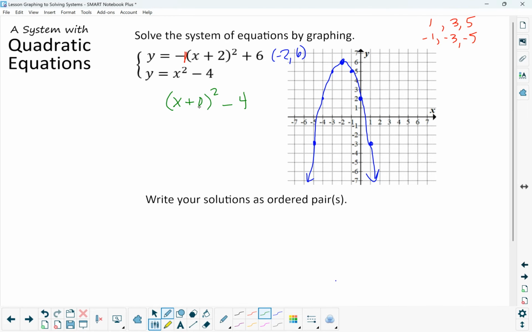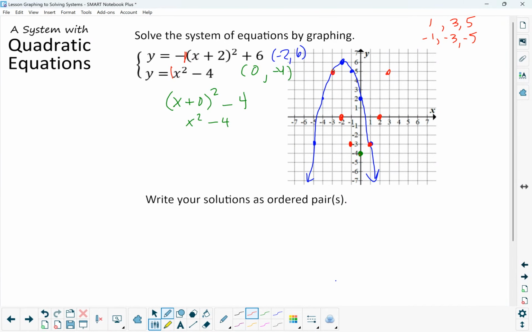But when we aren't adding or subtracting a number from the x, it just becomes x squared. Anyway, so this one has a vertex at 0, -4 right here. And the stretch of this is just 1, so it's going to go up 1 over 1, up 3 over 1, up 5 over 1 from that vertex at 0, -4.